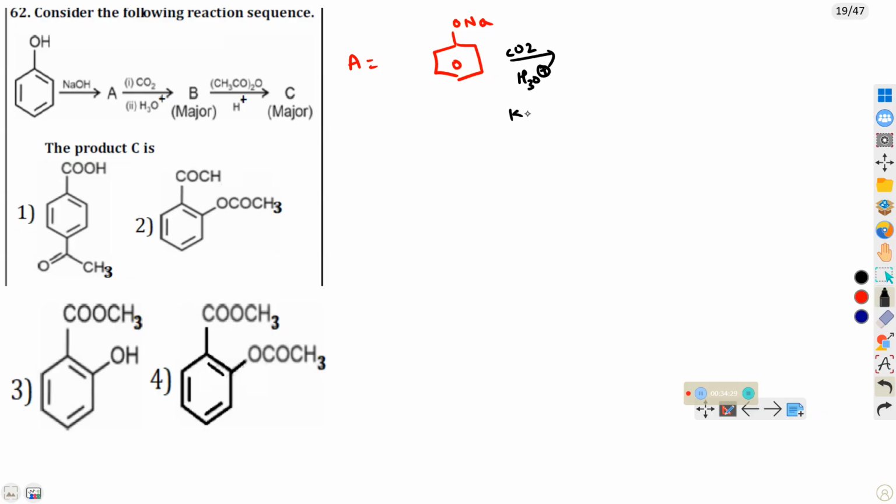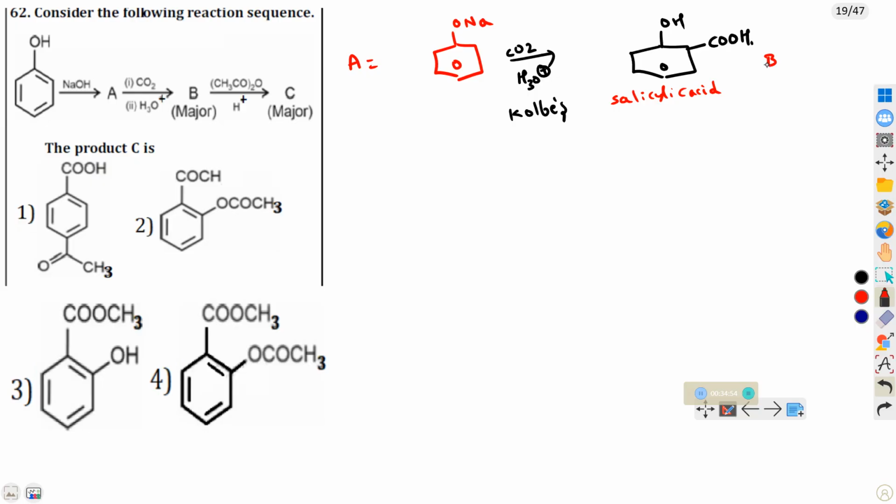This is the whole Kolbe reaction. Then it gives C6H4(OH)COOH, orthohydroxybenzoic acid. This orthohydroxybenzoic acid is also called salicylic acid.